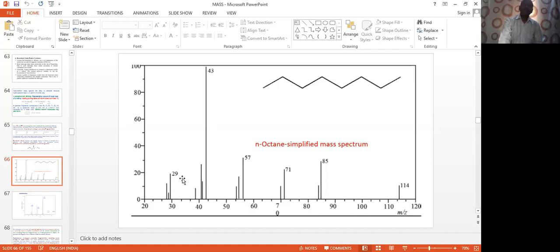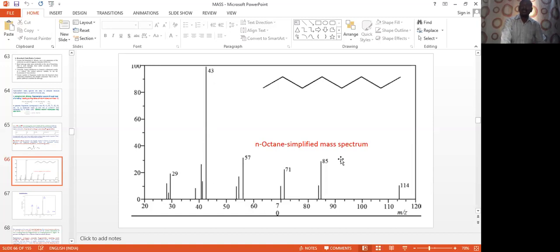So if you have a mass spectrum with a cluster of peaks separated by 14 mass units, then definitely you can say, generally, that it is an alkane. The next point is that the same thing may happen with a branched chain alkane also.